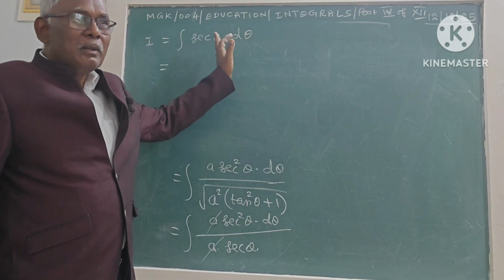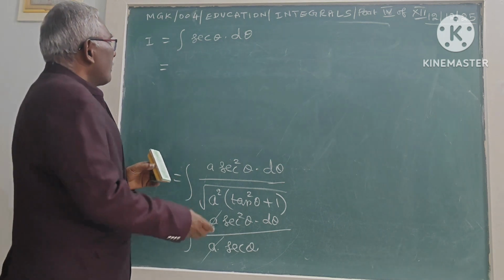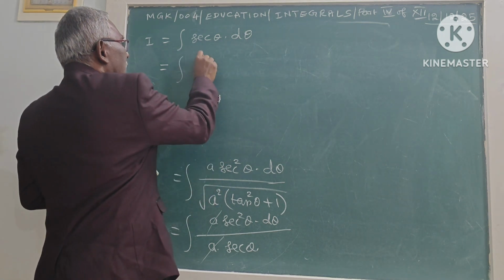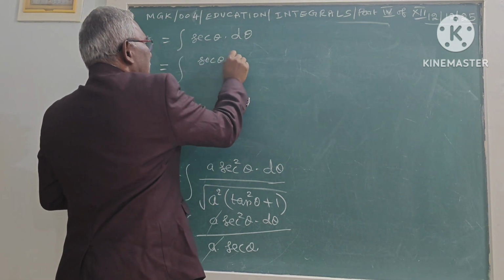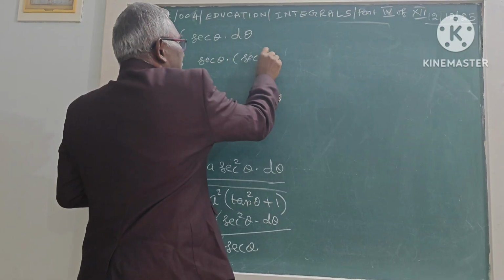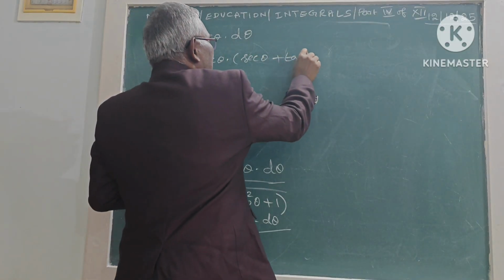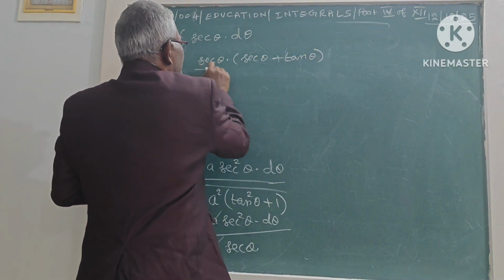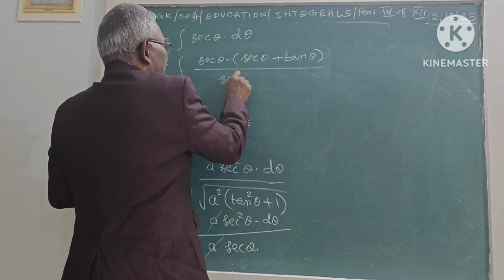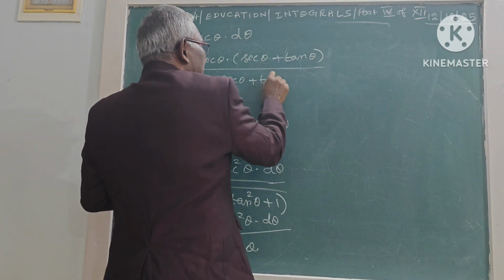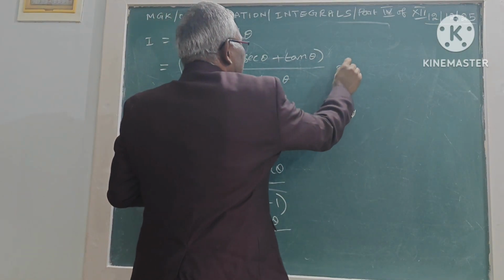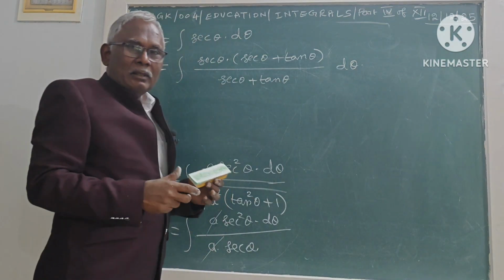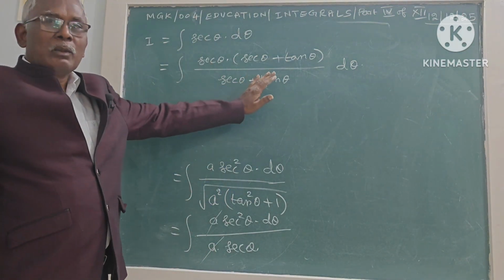So this you have to remember. So integral secant theta into secant theta plus tan theta by secant theta plus tan theta d theta. These steps we have to remember only.